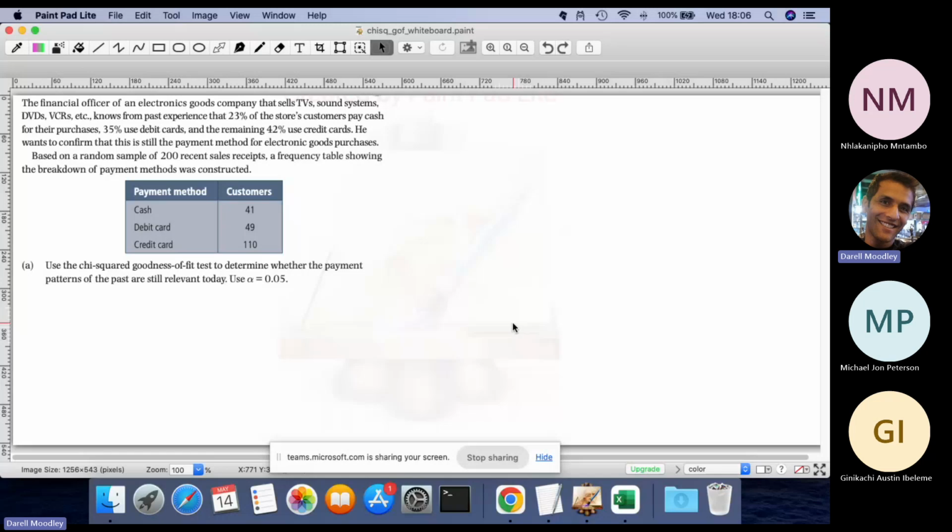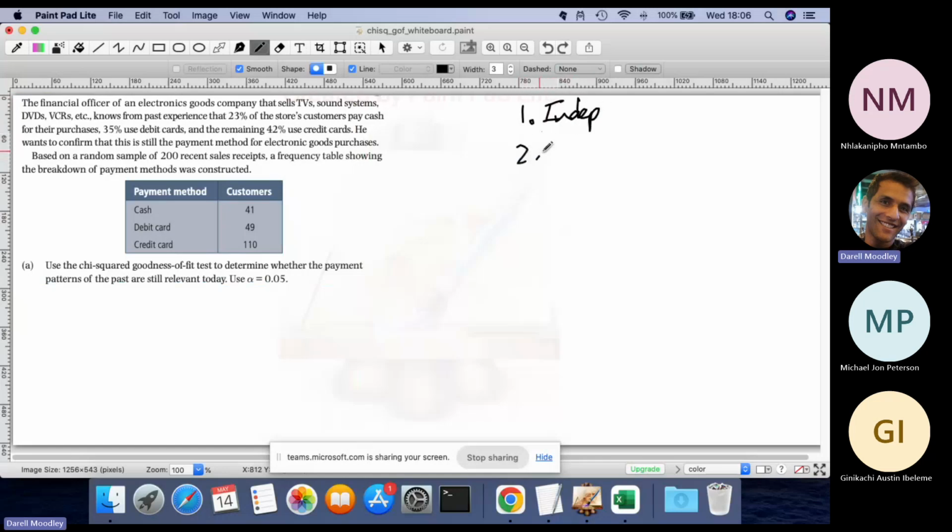So you're seeing a table on the left, which has payment methods as the first column and then customers in the second column. Just a recap of what we did last week, because this week is a continuation of that. There are 3 tests that you would use the chi-square distribution for. One is to test for independence.